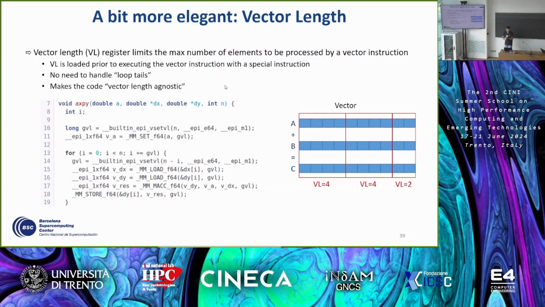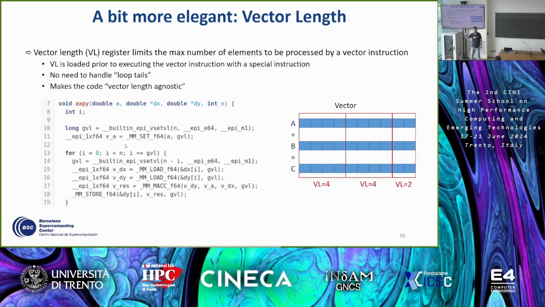And here the implementation becomes more and more elegant because I don't have the tail anymore. So I do the broadcast of the alpha that is now 8. Sorry, I have small incoherencies here, but anyhow, you are smart and you understand. So I set the vector alpha. Then I enter the loop, and the first thing that I do is this setting of the granted vector length, GVL.